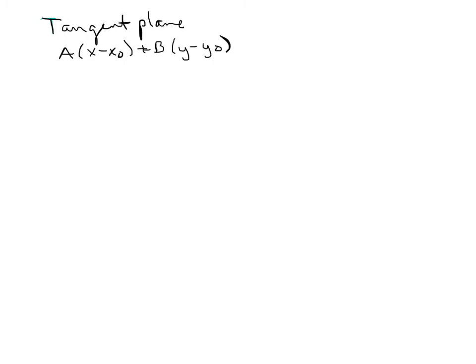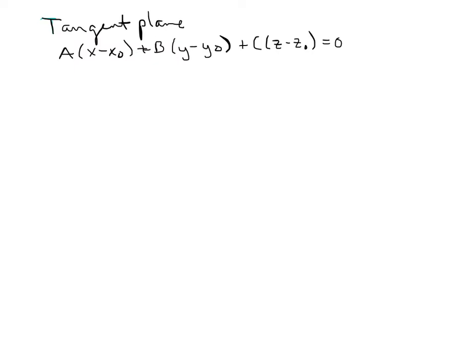Okay, so what I'm going to do now is put a formula together for you for the tangent plane. Now, remember that an equation of a plane in general looks like a times x minus x naught, plus some value b times y minus y naught, plus c times z minus z naught is equal to 0.